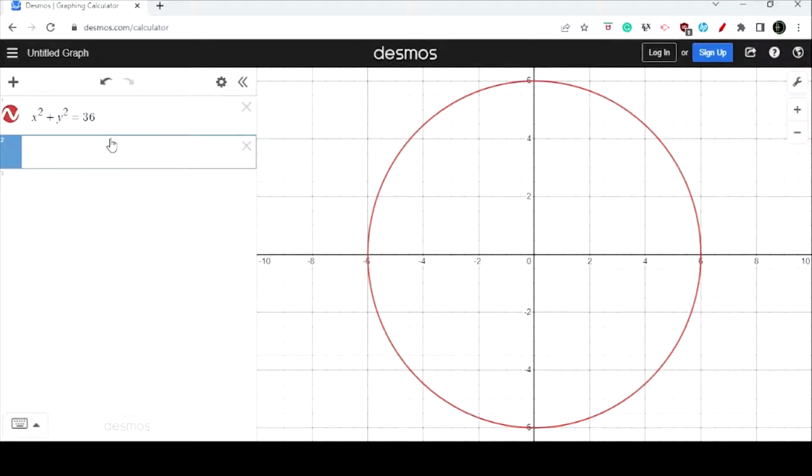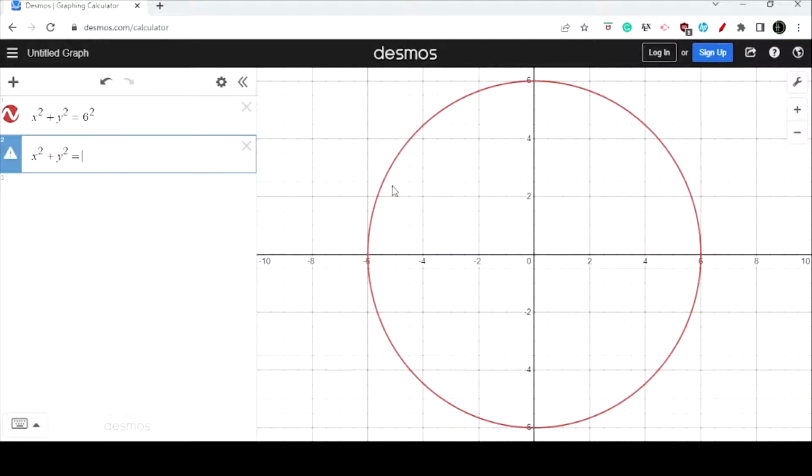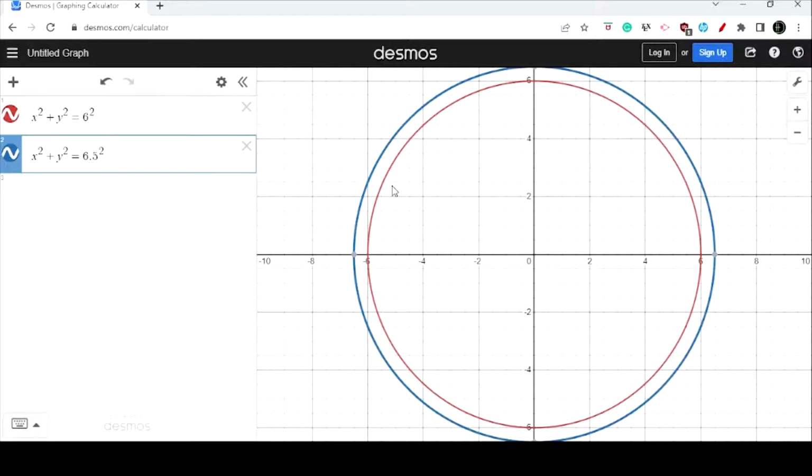And I'm going to make one a little bit bigger than this. These numbers are not predetermined. They're arbitrary, and we can adjust them as we see necessary.